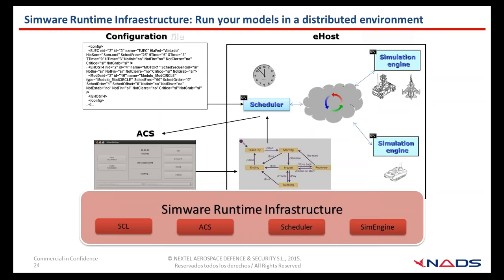In Simware Runtime Infrastructure, we have two sets of tools. All of them are related to how we manage the application or how we manage the architecture of Simware. One side we have STL, which is something new, and I will talk about that in a moment, and ACS.